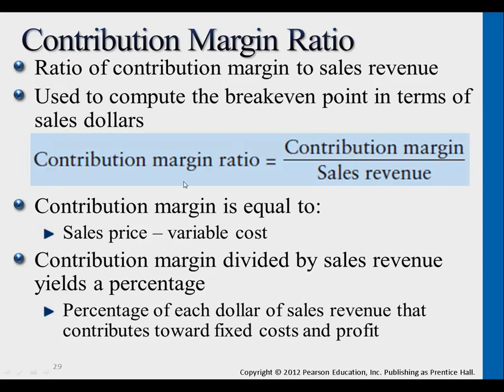So let's look. Contribution margin ratio is my contribution margin divided by sales revenue. This is an important formula to understand. So if I need to calculate anything in sales dollars, like my break-even point in sales dollars, that's the formula I'm going to be using. I'm going to take my contribution margin and I'll divide it by sales revenue.